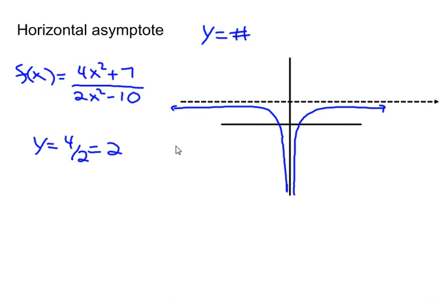So if this crossed it at 2, we would say this horizontal asymptote is y equals 2. My example here is a function that has a horizontal asymptote at y equals 2. At this point, we are just going to be graphing these on our calculator and locating them. We will learn other ways algebraically as well to find asymptotes.